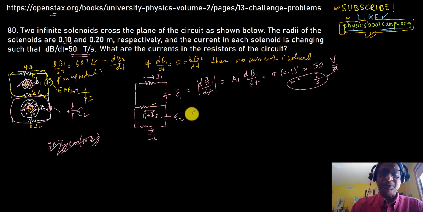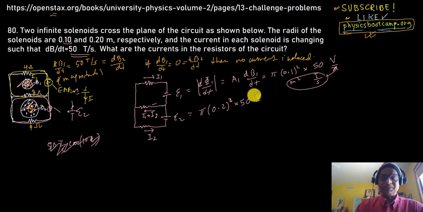E2 will be carrying out the same way, pi 0.2 square times 50 volt. So we just see E1, E2, and in the end you can put the numbers in. You can see that here I can do maybe a loop equation. So you start from here, so jump E1.